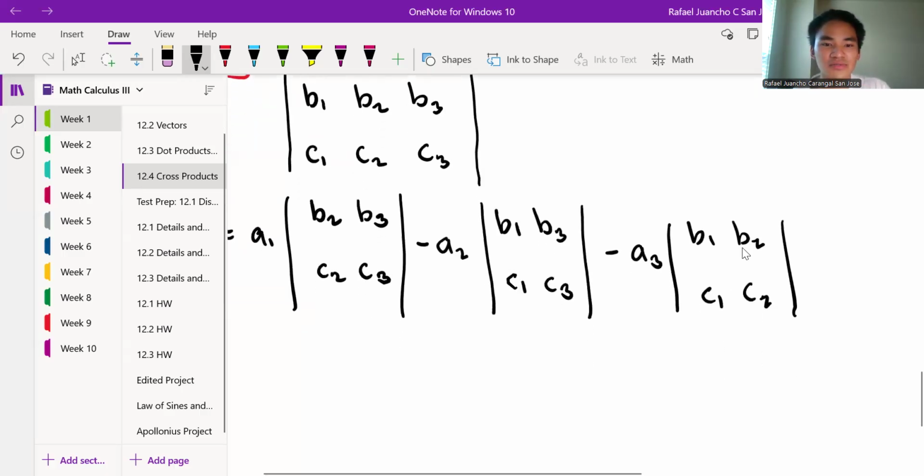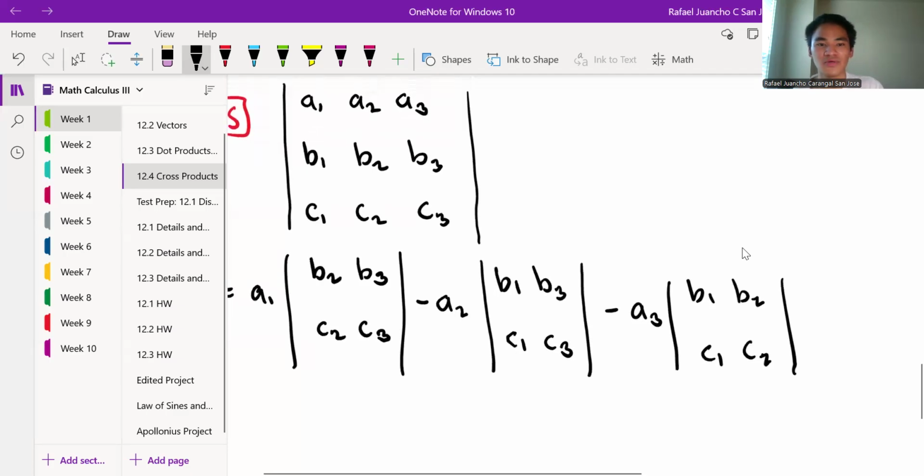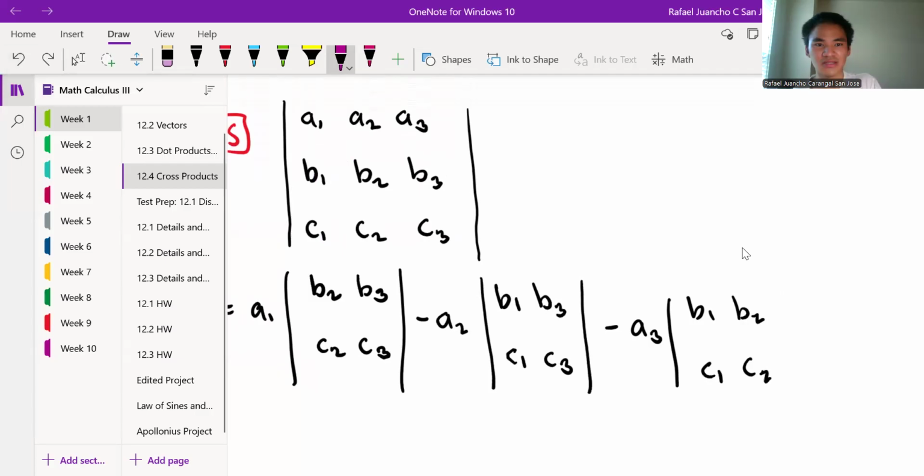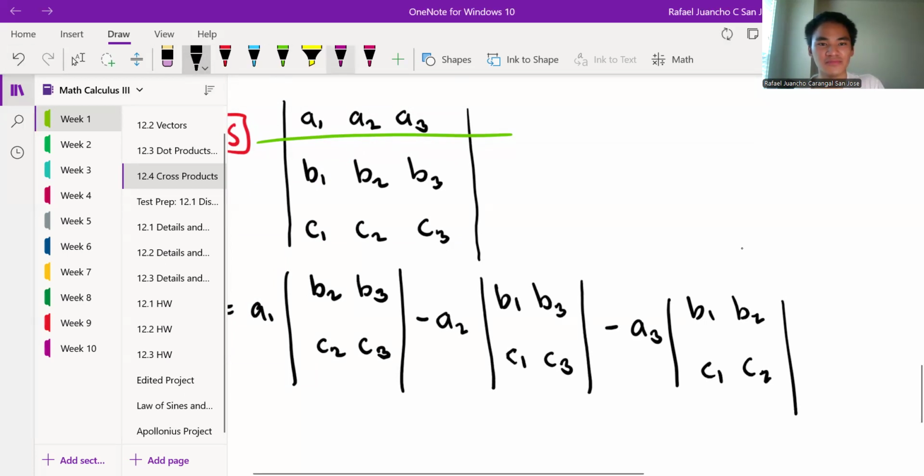The idea of how this works: we get A1, and then we kind of delete the column. So A1, we take this out, or we're left with this one, right? So let's say this is like our headline-ish, so we mainly focus on this one. We're going to be doing A1, then we take everything out from that column.